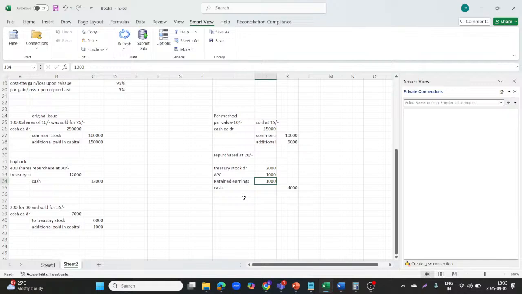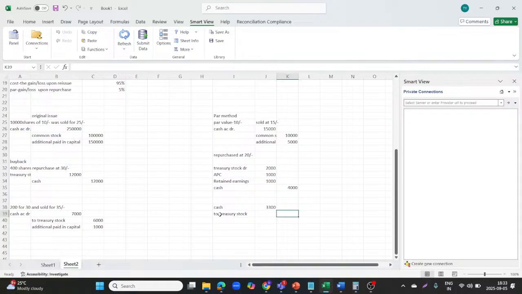Now suppose reissue shares, which is treated like an original issue. In that case, 150 shares repurchased for 20 were resold at 22. So cash account debit 3300.